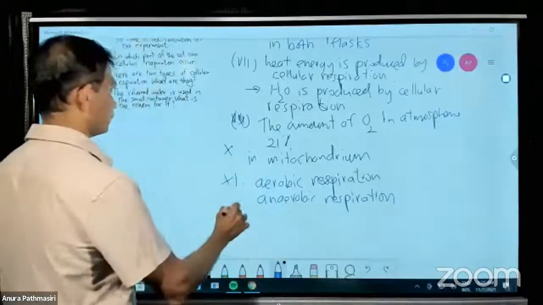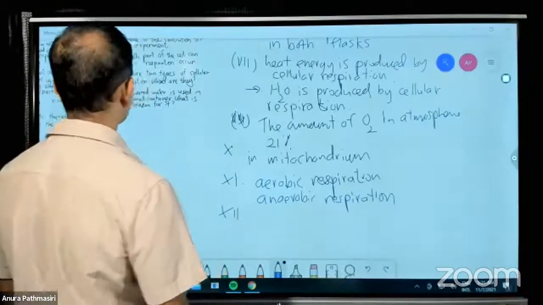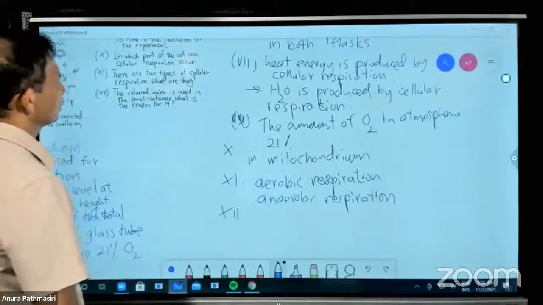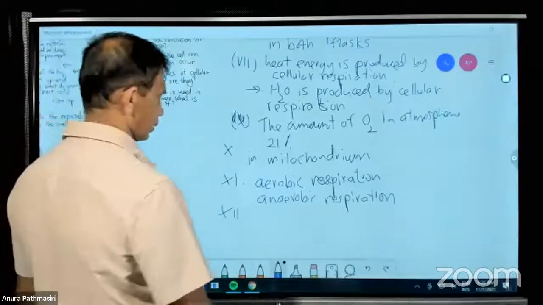And the next one, the colored water is used in the small container. What is the reason for it?